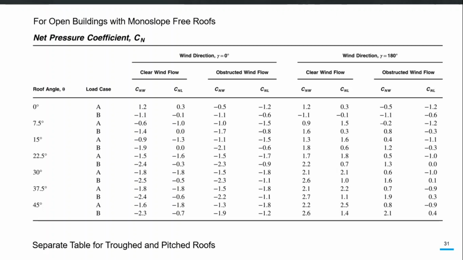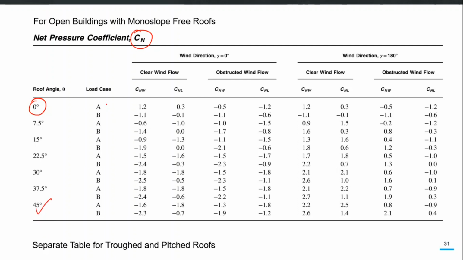For open buildings, that Cp was for enclosed or partially enclosed buildings. For open buildings, we have a net pressure coefficient CN, which is required in that empirical expression to determine the design wind pressure. So depending upon our roof angle, for example, 0 means flat roof, and then it goes up to 45 degrees.